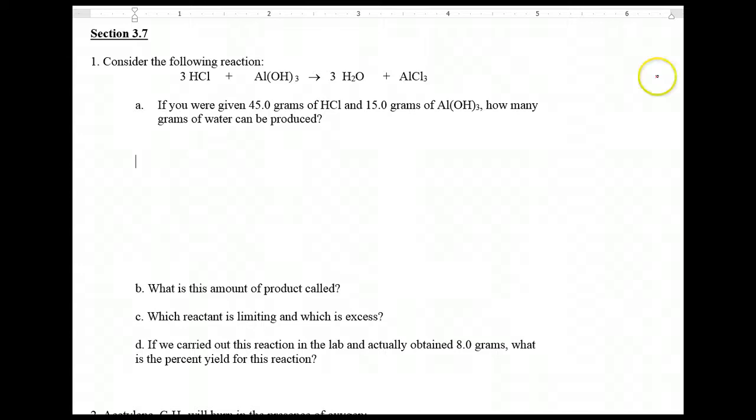When you see these 2 numbers, you may want to just label them as A1 and A2. They will be the 2 numbers that we start with as we start doing our calculations using stoichiometry. Also, it says how many grams of water can be produced. This is my B. This is what I'm looking for.